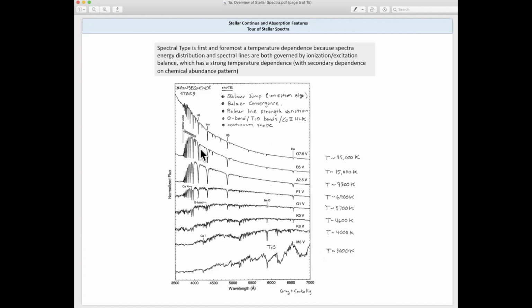Some of you may argue, well, because if you get hotter, you start to ionize all the hydrogens, so you don't have Balmer hydrogens laying around, so you can't ionize them, and so you can't have a Balmer jump. That's partially right. And some of you might say, as you go to cooler stars, more of the electrons are down in the ground state in what we might call a Lyman hydrogen for short, n=1.